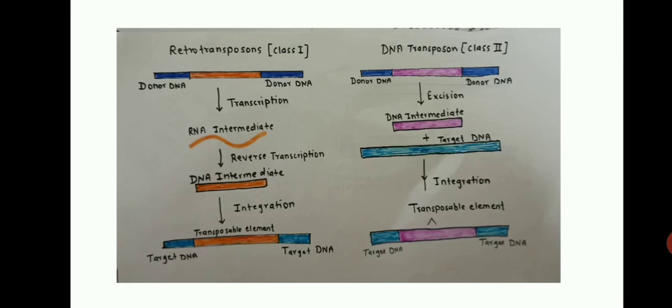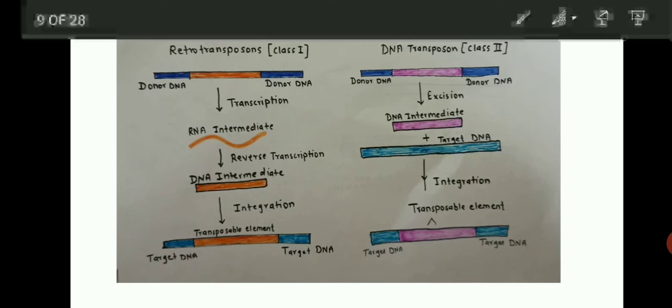So this transposable element is incorporated into the target DNA. That's why it is the copy and paste mechanism, because a DNA copy of this RNA intermediate gets incorporated into the target DNA. That's why it is called the copy and paste mechanism of retrotransposons.